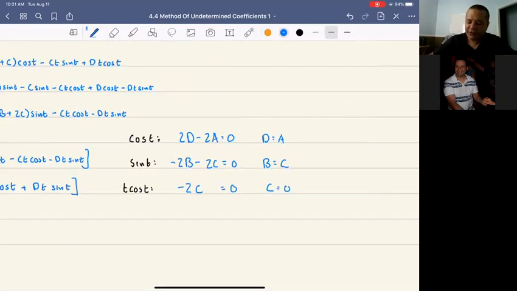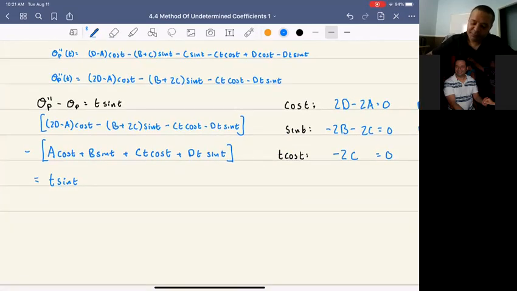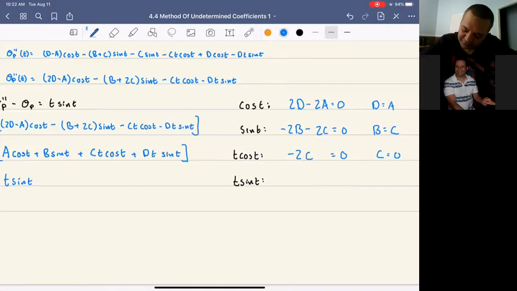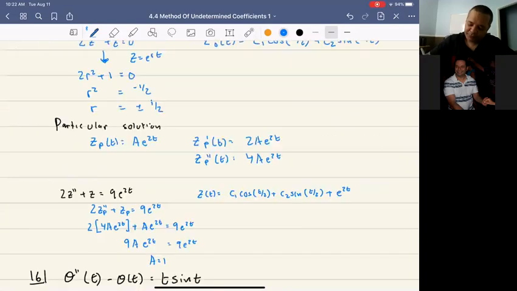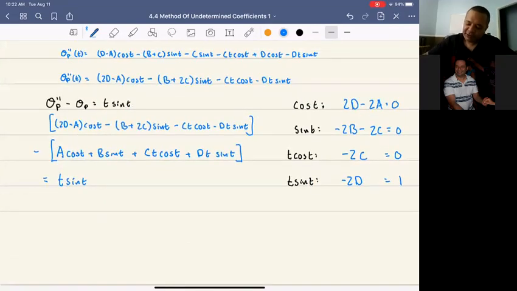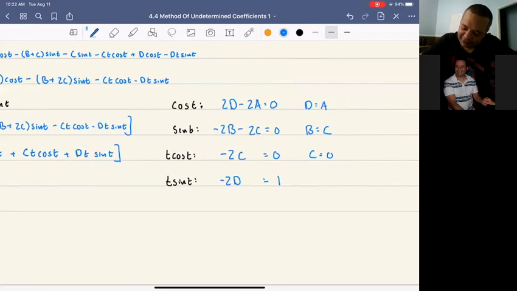So now that c equals 0, we know b is going to equal 0 as well. Now let's look at t sine of t. We have negative dt, negative 2dt equals t. So we're going to have negative 2d equals 1. Oops. Okay, so d equals negative 1/2.